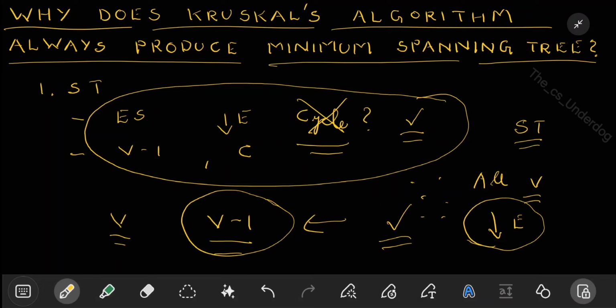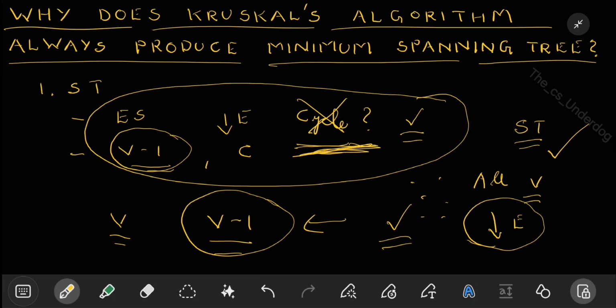Because you know that Kruskal's algorithm will form V minus 1 edges, and you know that there is no cycle possible in Kruskal's algorithm, it is confirmed that whatever is the structure that you get at the end of Kruskal's algorithm, that is a spanning tree itself. So at this point, you know that whatever you built from Kruskal's algorithm, that is a spanning tree.